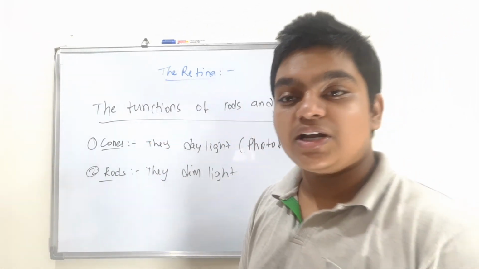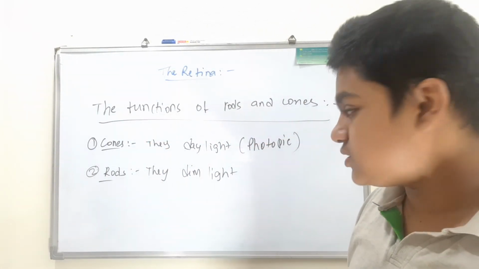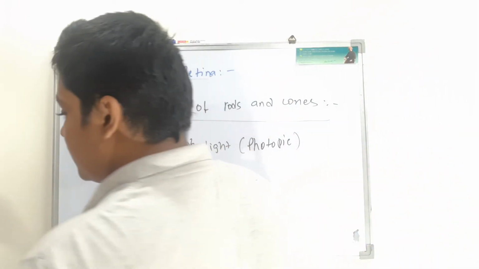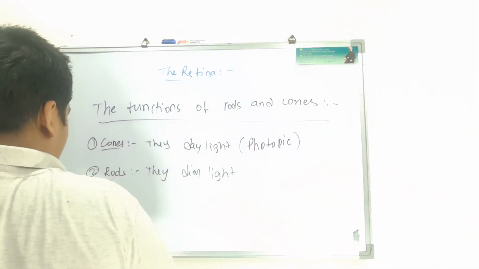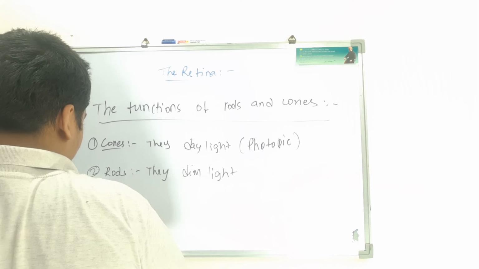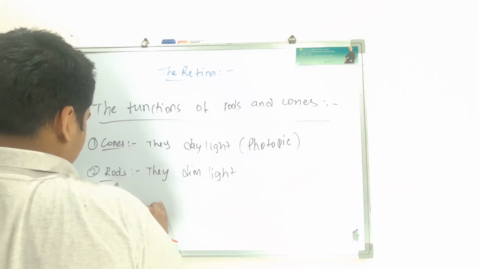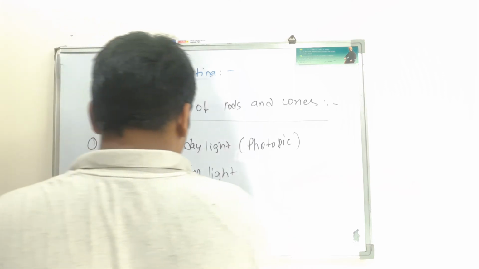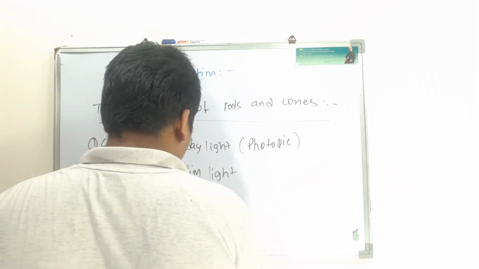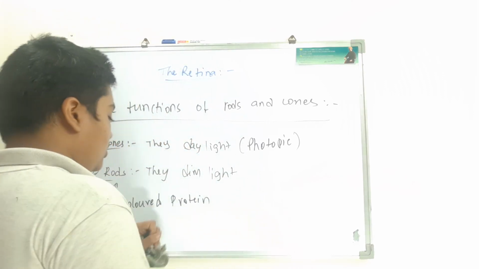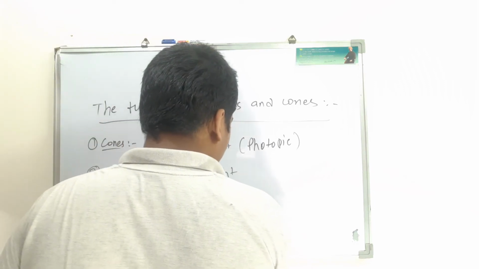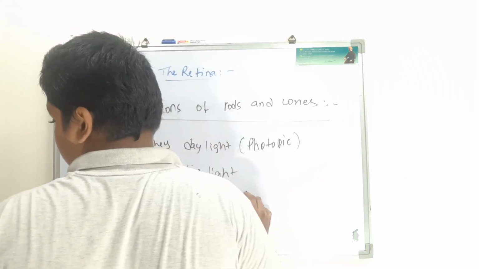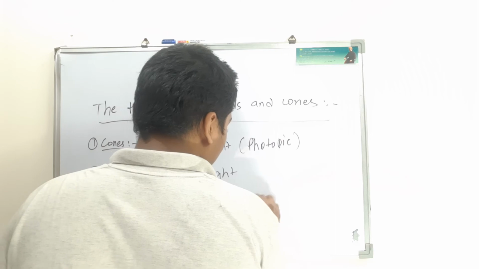That vitamin A is present in the rods as they contain a red colored protein called visual purple or rhodopsin.